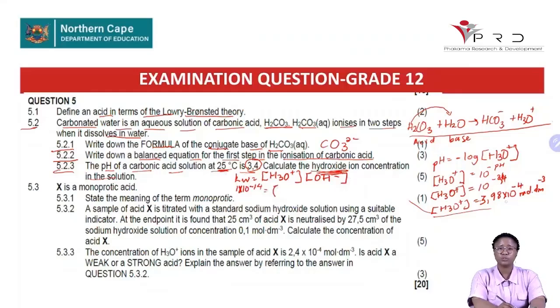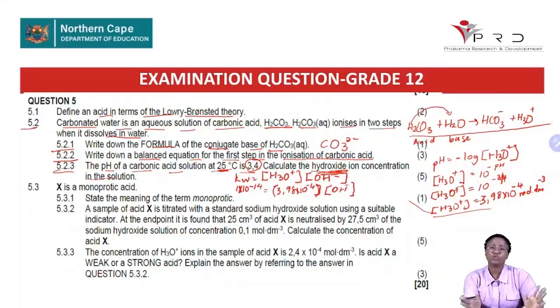We just calculated it. We got 3,98. Then you just put the 3,98 times 10 to the power negative 4, and then you multiply that with the concentration of OH minus. From here, you just solve for X. You are looking for the concentration of OH minus.